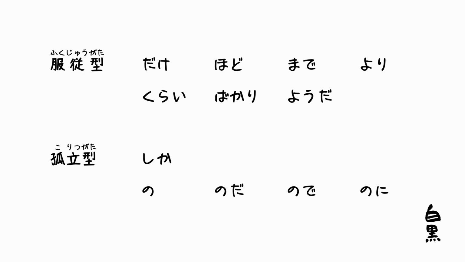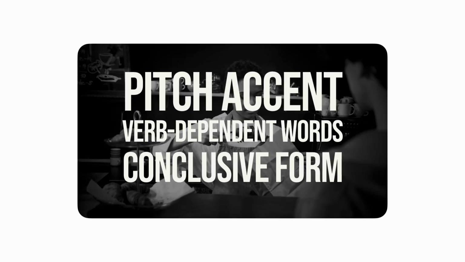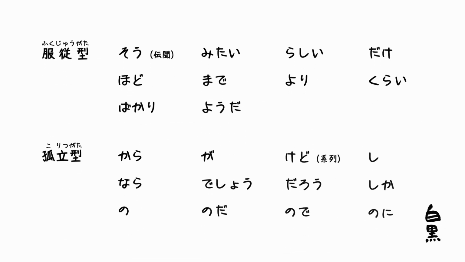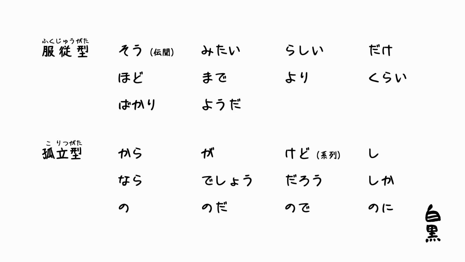You may recall that the shushike from the last episode also involves these two types. Although shushike and rentaike differ in meaning, in modern Japanese, they are identical in form. In other words, when they're followed by various dependent words, the pitch behaves exactly the same. Therefore, combining what we've covered in these two episodes should greatly help.